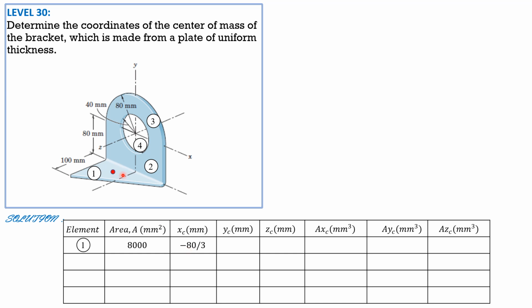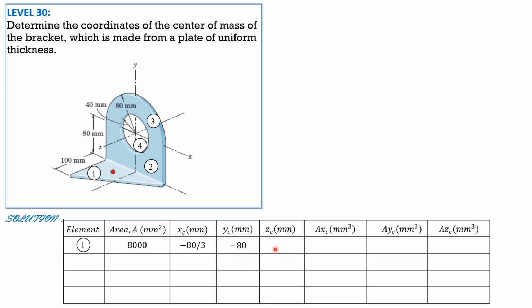So this distance is negative 80 over 3. Y sub c is, it lies on the floor. So y sub c is, for this centroid, below the xz plane. So y sub c is negative 80.